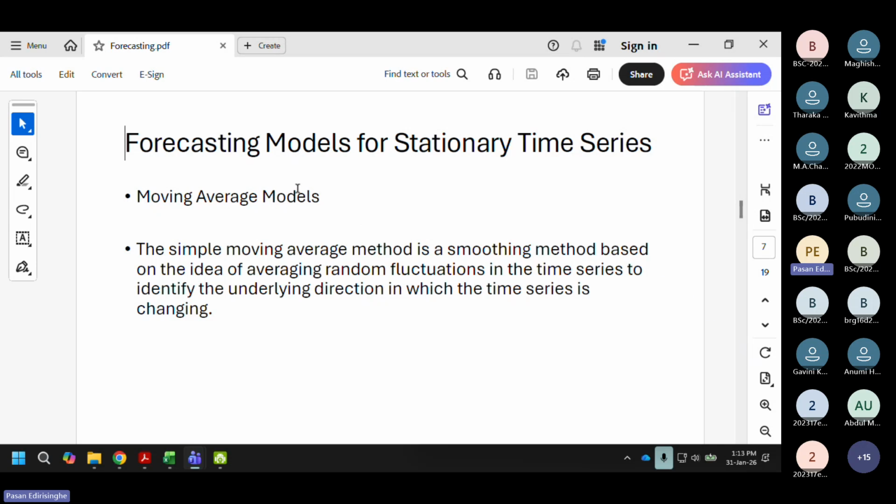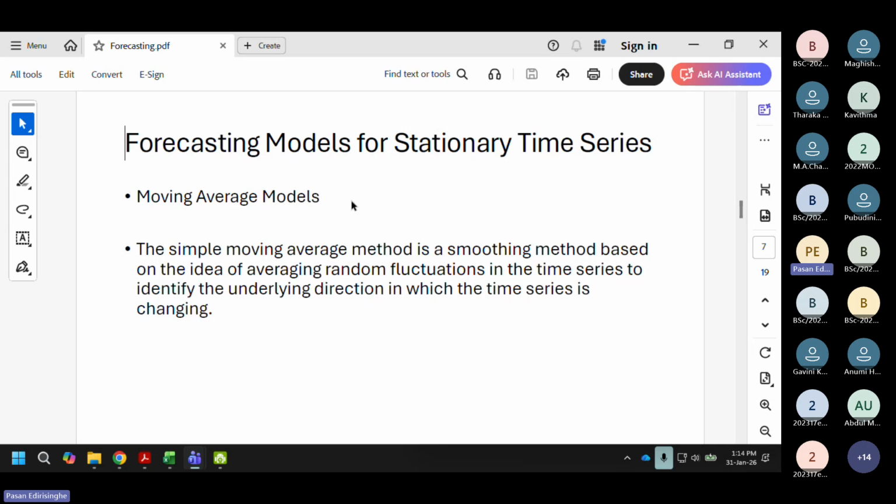I will also go through another forecasting technique, the decomposition technique. I already uploaded both files there, so we can go through that.